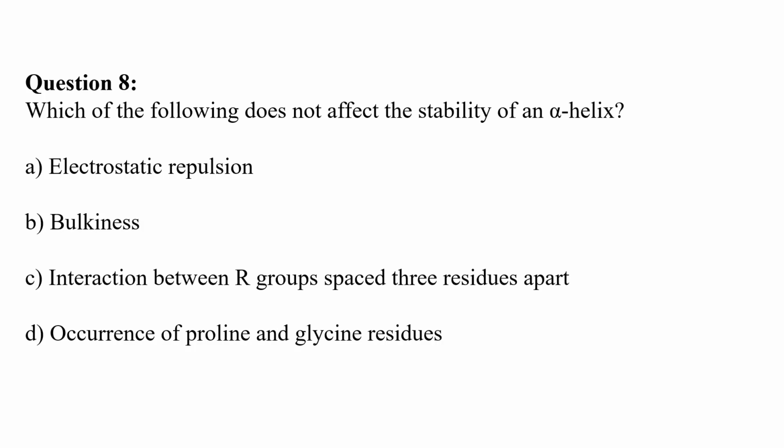Option A is electrostatic repulsion, option B is bulkiness, option C is interaction between R groups spaced three residues apart, and option D is occurrence of a proline and a glycine residue. So which of the following does not affect the stability? Electrostatic repulsion, we can say that it does not affect the stability.